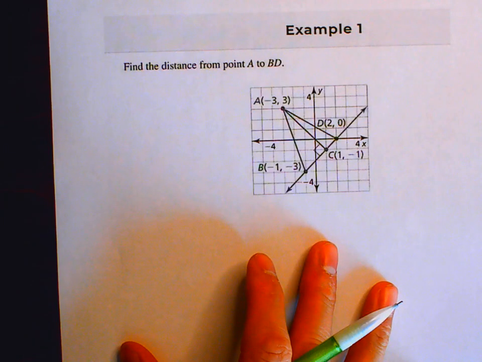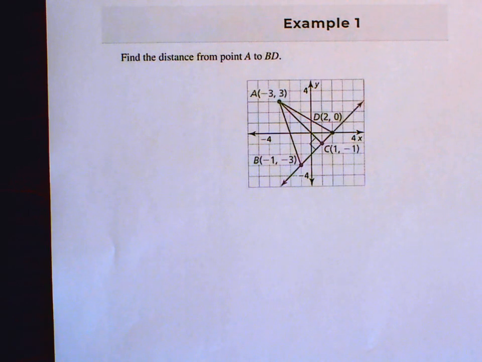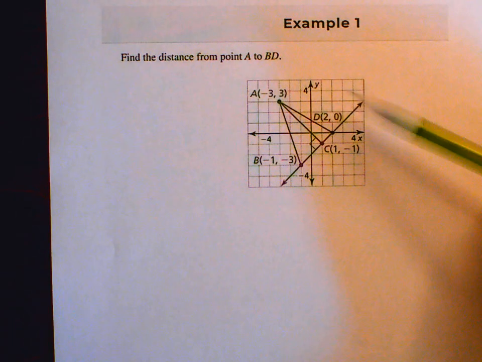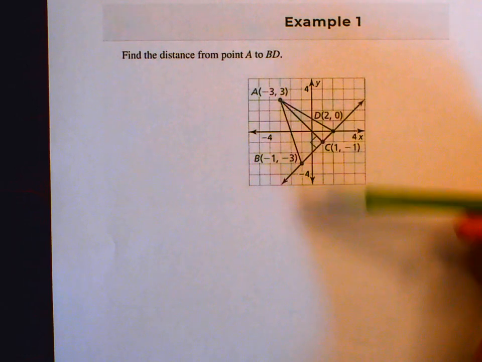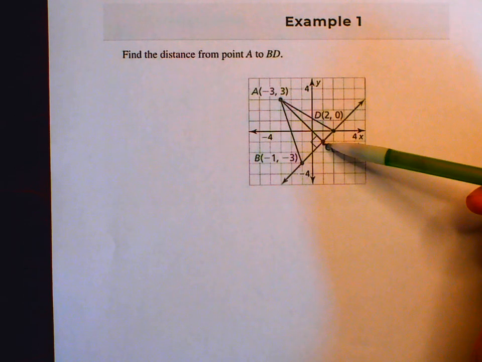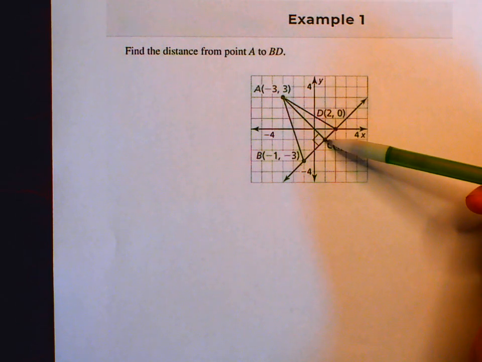So number 1, in the construction that we have done, we talked about what is the shortest distance from a point to a line. So you have A that has 3 segments going to the line, B, C, and D. So the shortest distance happens to be the one that's perpendicular to it.